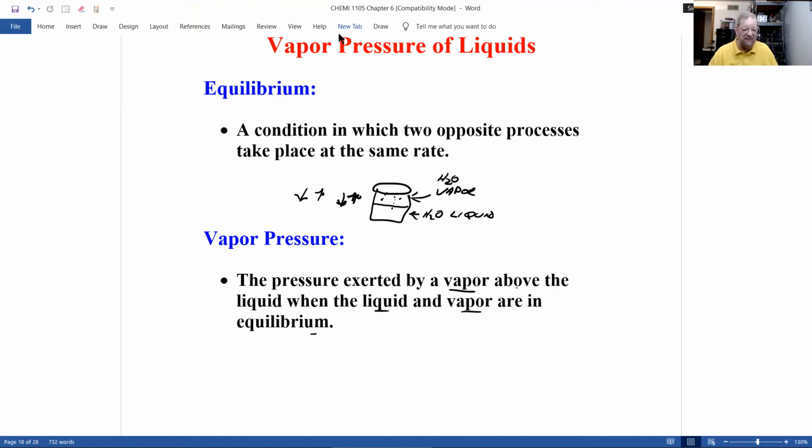We call the pressure of the gas right here the vapor pressure. You can measure the pressure with a gauge. So that's vapor pressure.